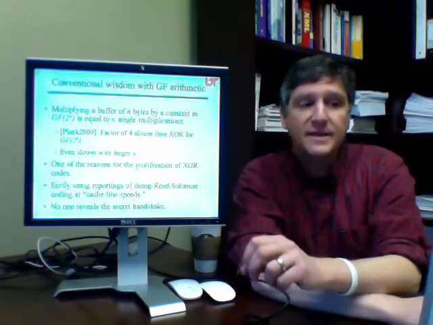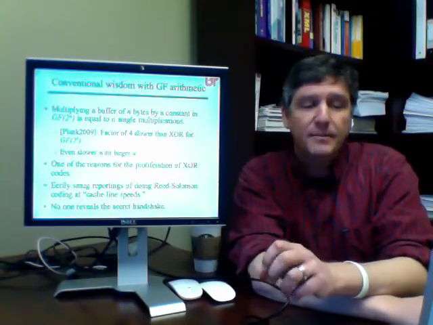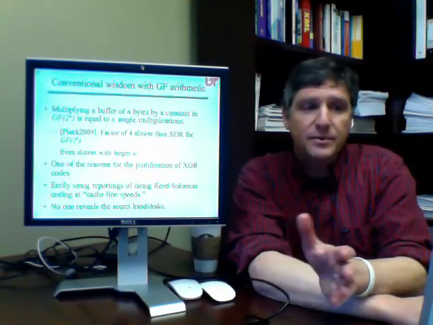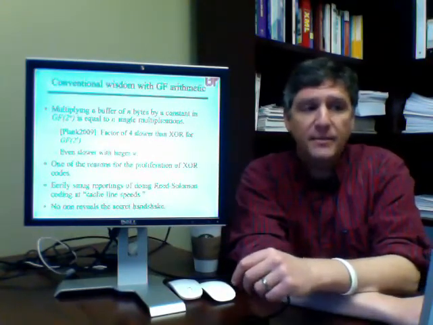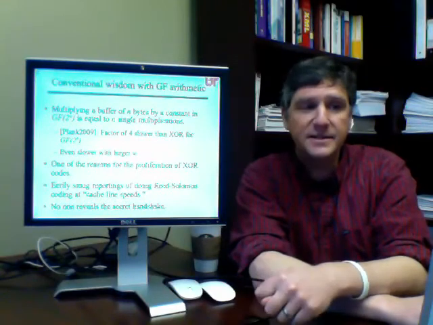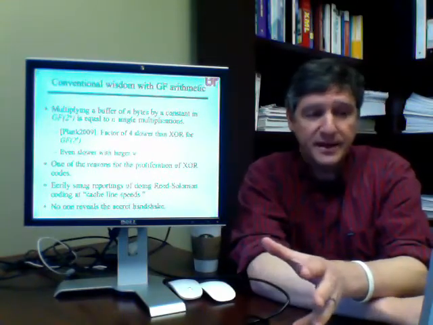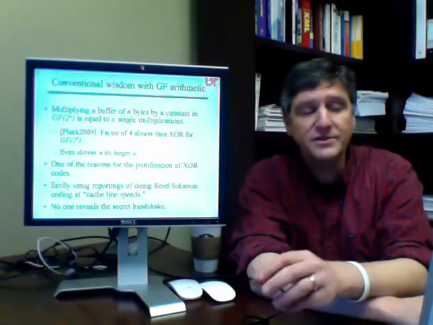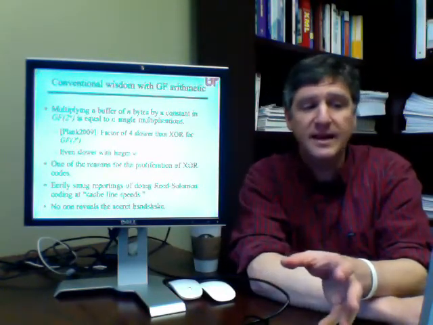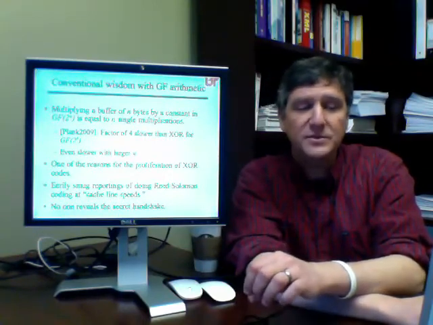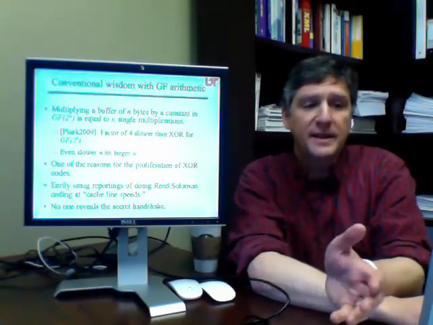Now the conventional wisdom is that multiplying a buffer of bytes by a constant, if I have n bytes there, is equal to n single multiplications. And in a result that I had published in 2009 that did a performance evaluation, it showed that in GF(2^8), multiplying a region by a constant was roughly 4 times slower than doing an XOR.